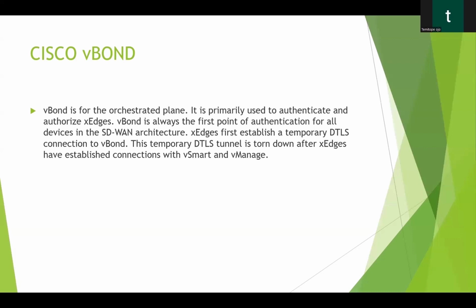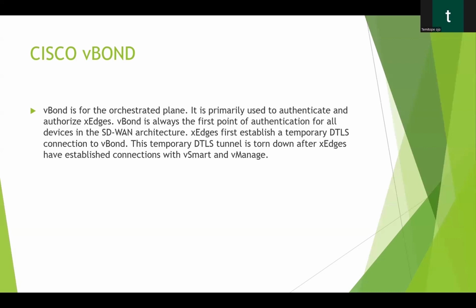So basically, for any device to be integrated into the SD-WAN fabric, it must first go through the vBond to have that authentication done. Once they are authenticated by vBond, because vBond must know their serial numbers, and once vBond knows those serial numbers, it whitelists them. We call it whitelisting.